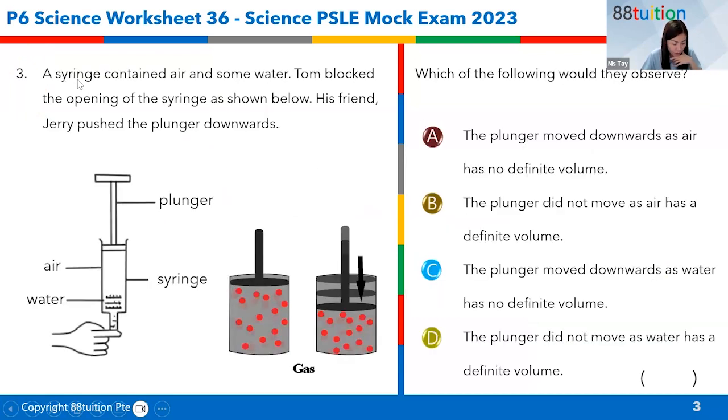Next one, question 3. A syringe contains air and some water. Okay, so there is air here. If I were to draw the particles of water, yeah, they are close. They are not arranged in orderly arrangement. But air particles are very far apart, something like that. So there's a lot of space between the particles. Have you all learned this before in school? About the arrangement of particles?